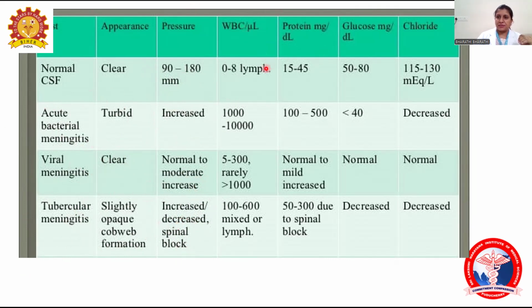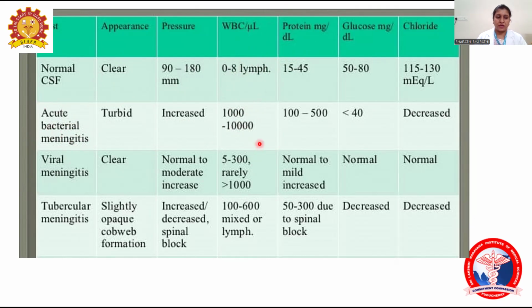Now about the TLC count. In normal CSF, as I told, there are 0 to 8 or 0 to 5 cells, predominantly lymphocytes. In acute bacterial meningitis, it is more than 500, and sometimes reaches 10,000.